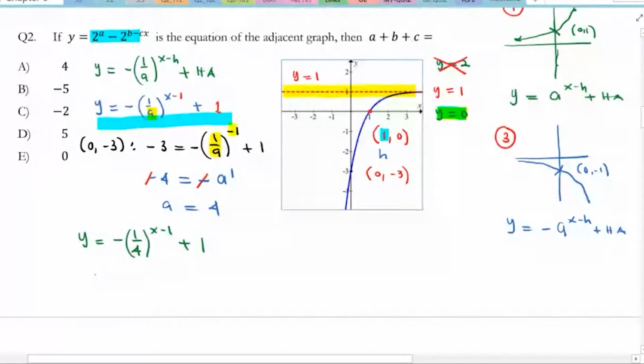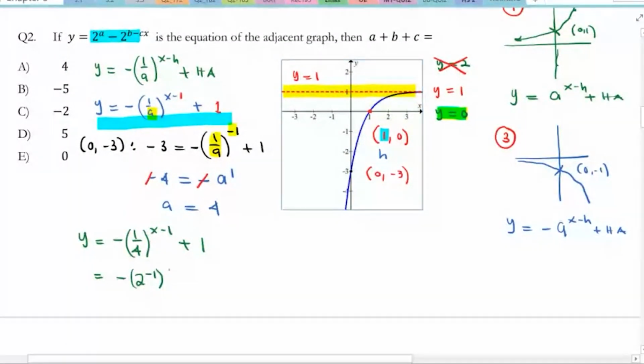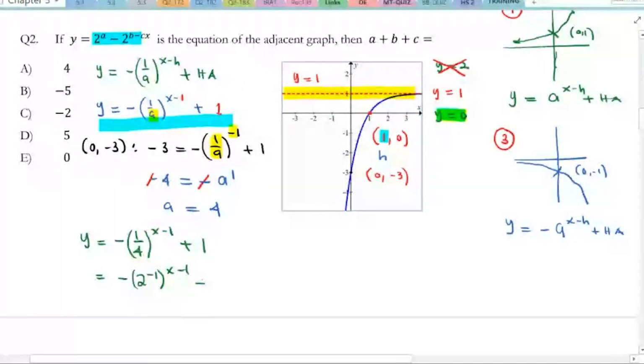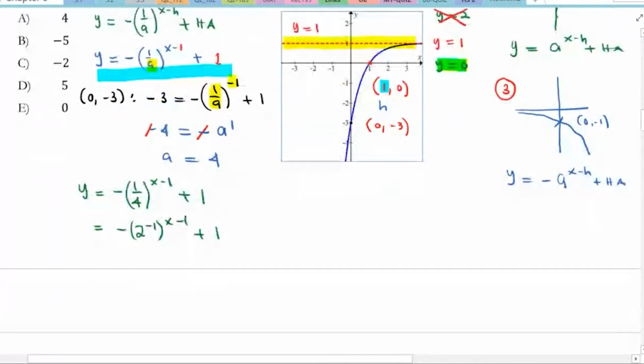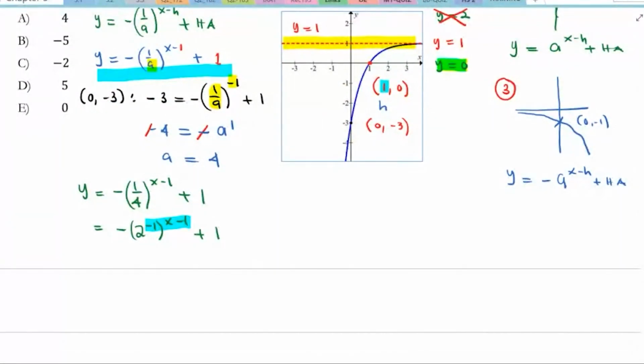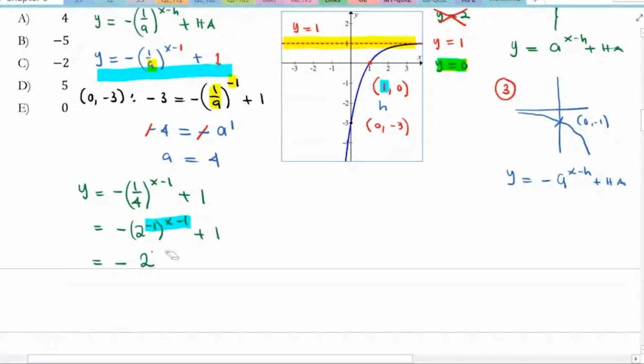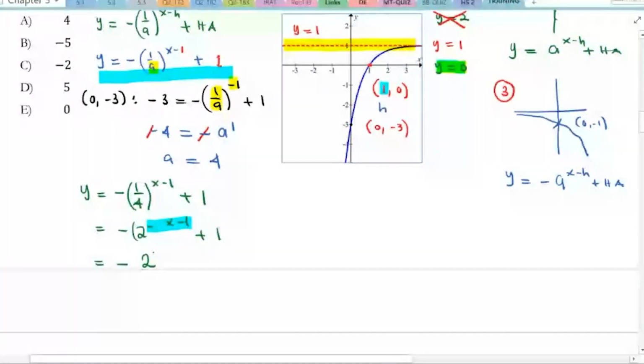How do we do that? We say this is going to be equal to minus 2 to the power of minus 1 as the base, and then we have x minus 1, and then plus 1. Now let us multiply this by the power. This gives us minus, then we have 2 to the power of minus, sorry, this is 2 to the power of minus 2.